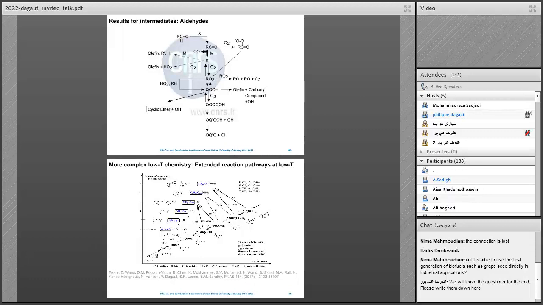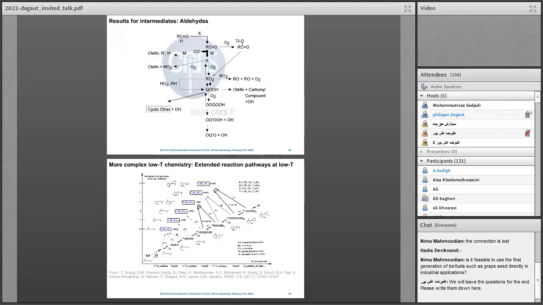And finally, we oxidize isobutanol, and we can see that we have very little reactivity at low temperature, and this is due to the branched structure of the fuel here.